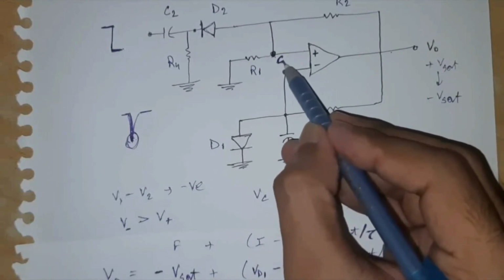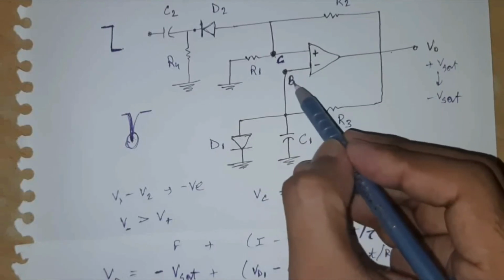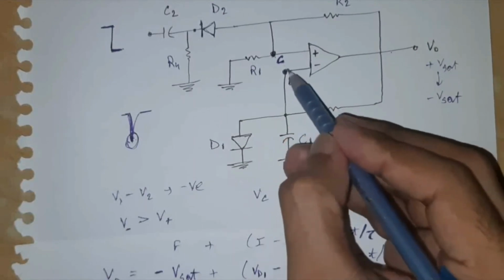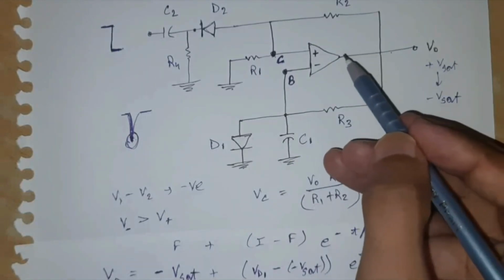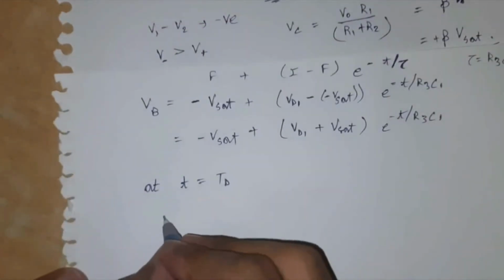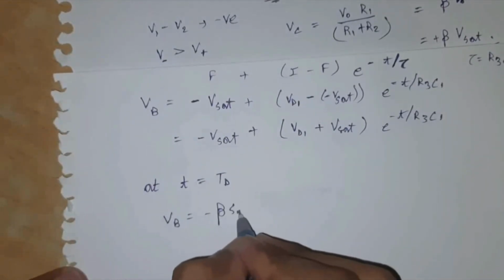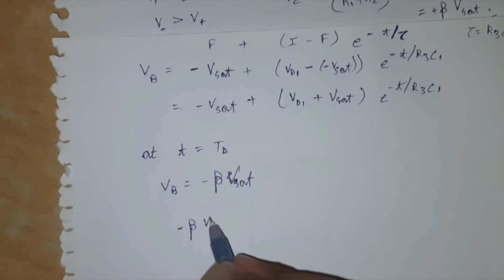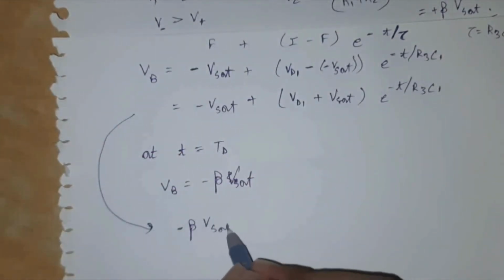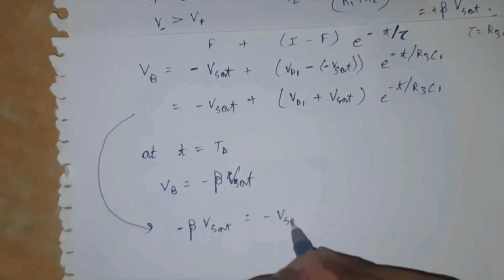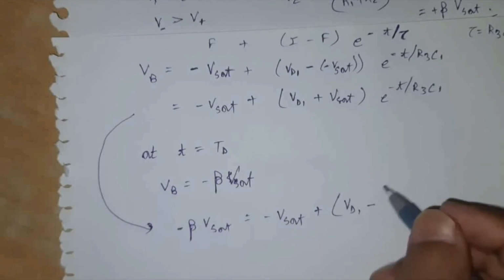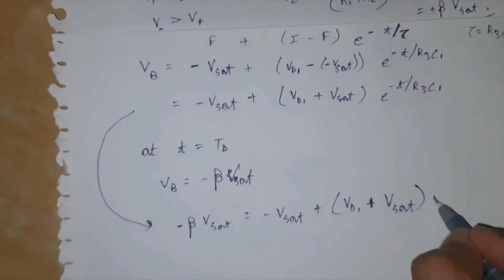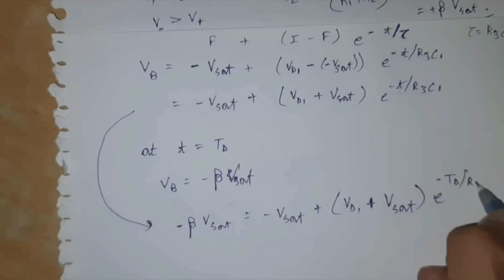So we have to just consider minus beta V sat: whenever the potential of point B goes below minus beta V sat, the non-inverting terminal will be higher than it. So putting the value VB equal to minus beta V sat, this equation will be minus beta V sat is equal to minus V sat plus VD1 plus V sat, e to the power minus TD by R3C1.